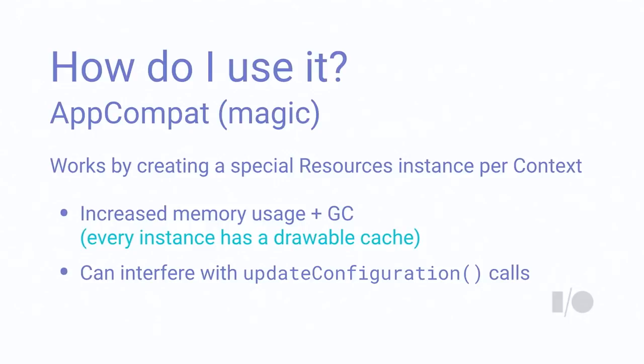Now, the increase in memory usage is because of the caches that each resource instance holds. So instead of having one cache for drawables, you'll have, like, X times activity. Now, it isn't a leak, in that as soon as that activity goes away, the resource instance will go and you'll get the memory back. For most apps, it won't really be a problem. But if you have a really resource-heavy app, you may see an increase in memory.